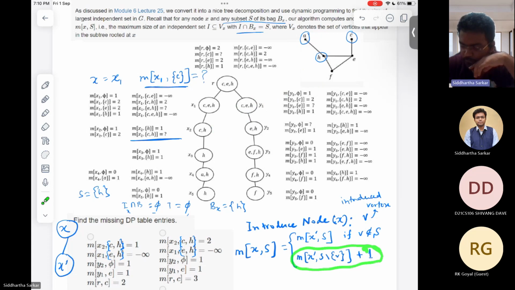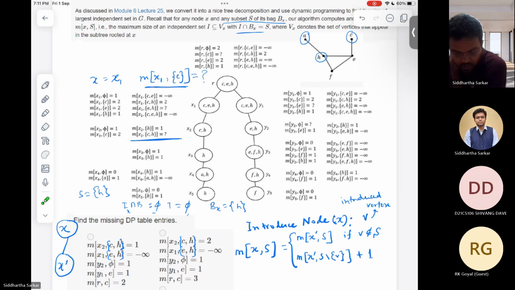What does this rule say? This rule says that you add 1 to the entry corresponding to the child x dash. Here the child of x2 is x3, and it has two table entries. One corresponds to phi and another corresponds to h. So which one shall we take? S is already c h, minus the introduced node.